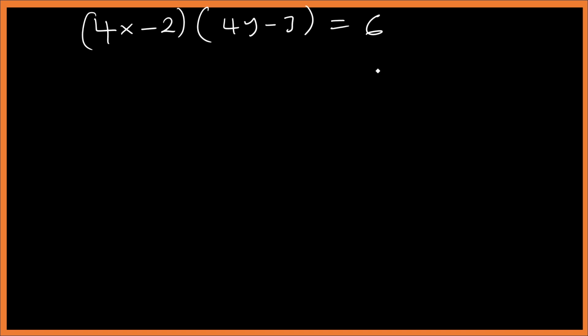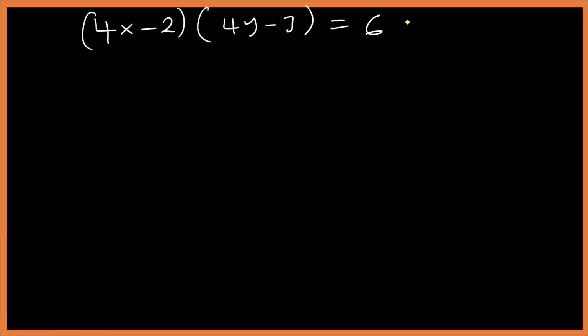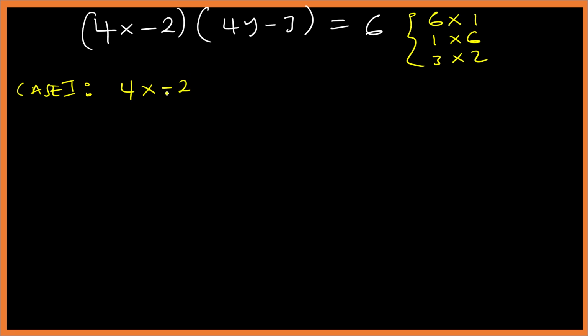All right. Now we have so many cases here, okay? So we can write 6 as 6 times 1, 1 times 6, 3 times 2, okay? So let's start with case 1. So 4x minus 2, 4y minus 3 equals, so the first case, 6 times 1.